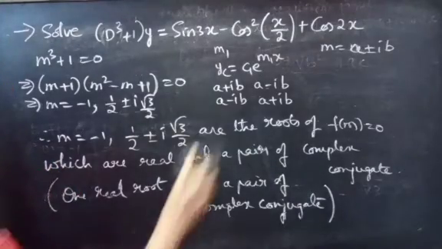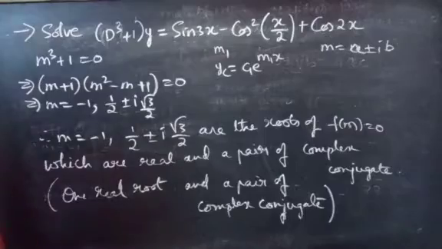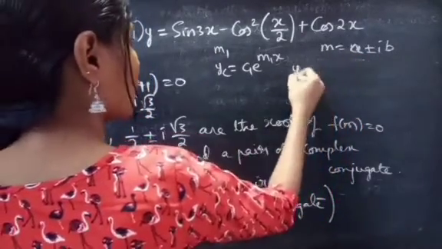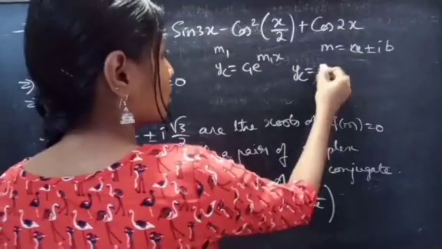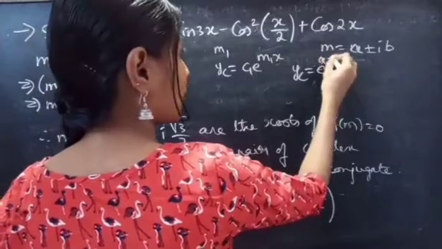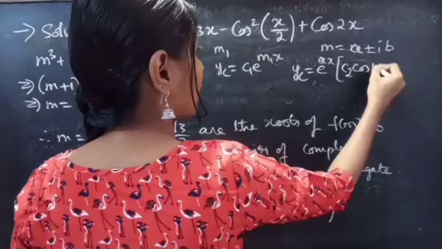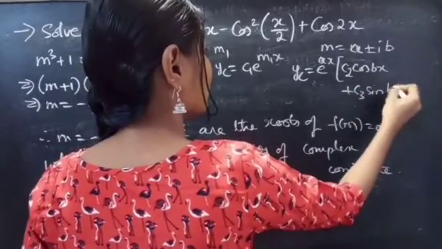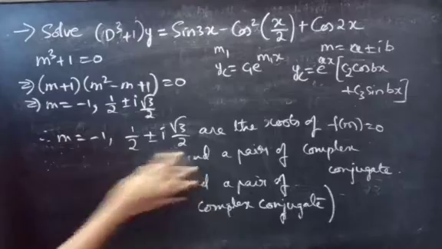So we are having a plus or minus ib, which is called a pair of complex conjugate roots. If we have a pair of complex conjugate roots, then our yc will be e power real part into x into one constant into cos bx plus the other constant into sin bx. So let's write the complementary function to our problem.